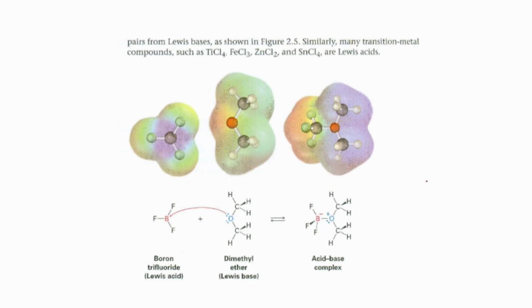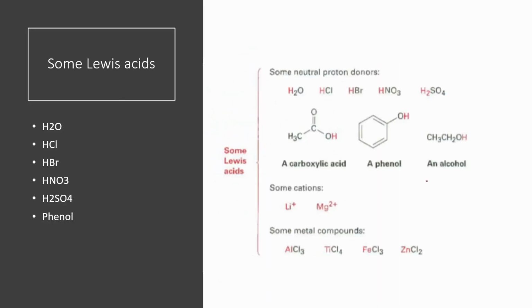They can bond with oxygen. As you can notice, the difference between Lewis acids and our Bronsted-Lowry acids is that we have a much larger pool of Lewis acids compared to our Bronsted-Lowry definition of acids.